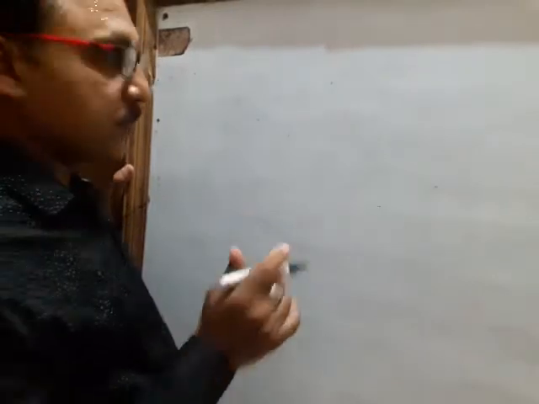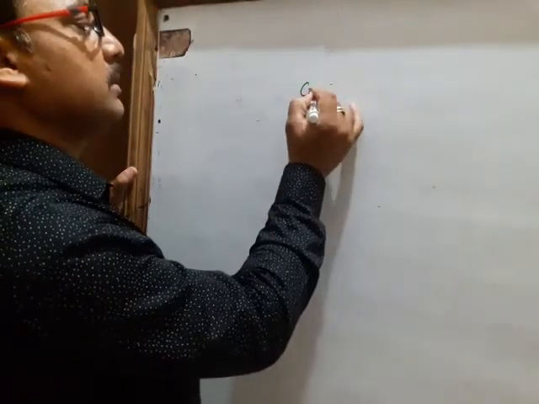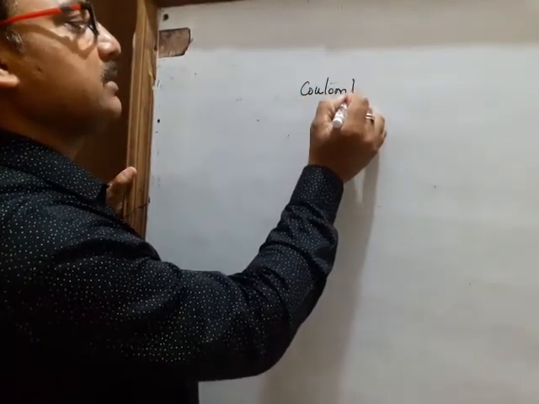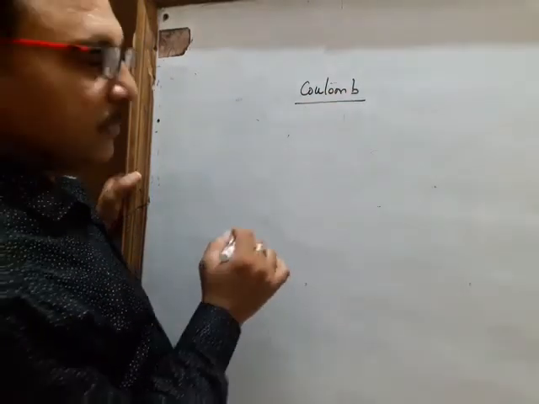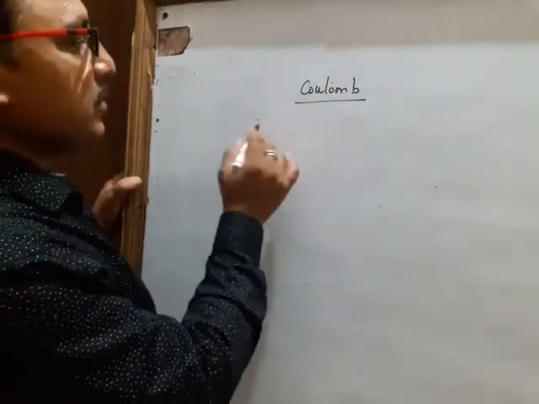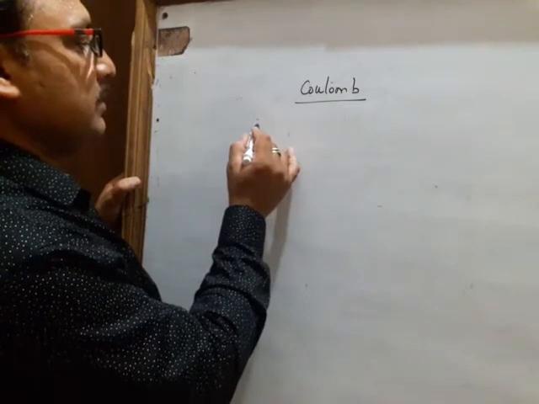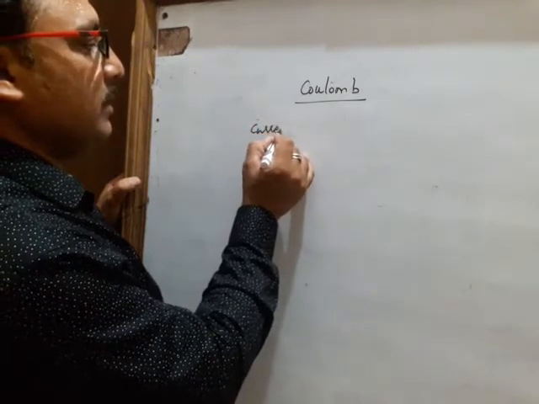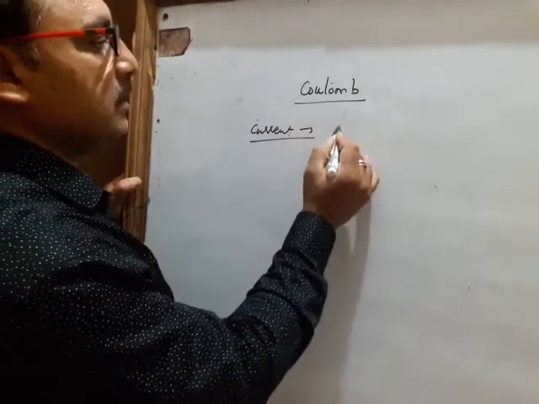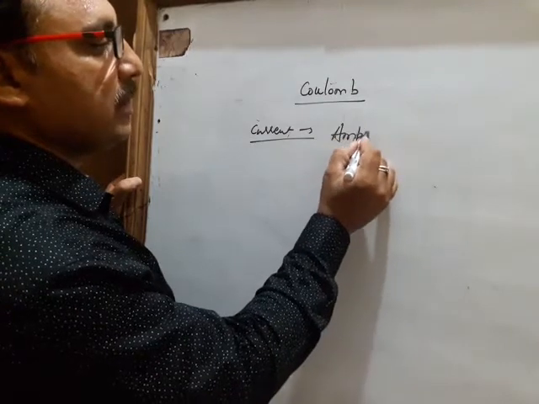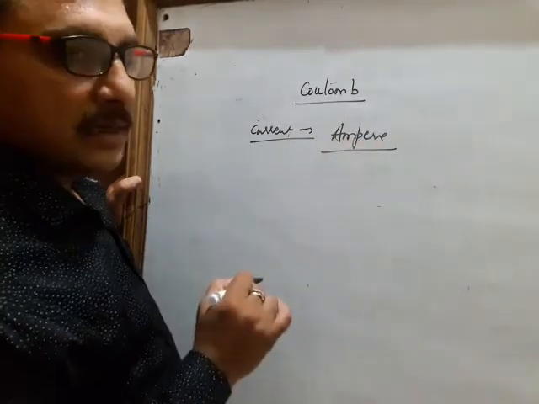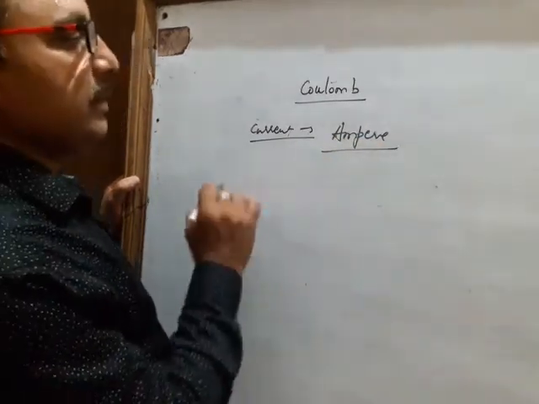As I told you, the SI unit of charge is coulomb. This is after the name of the scientist Charles Auguste de Coulomb, and the SI unit for current is ampere after the name of the scientist Andre Marie Ampere.